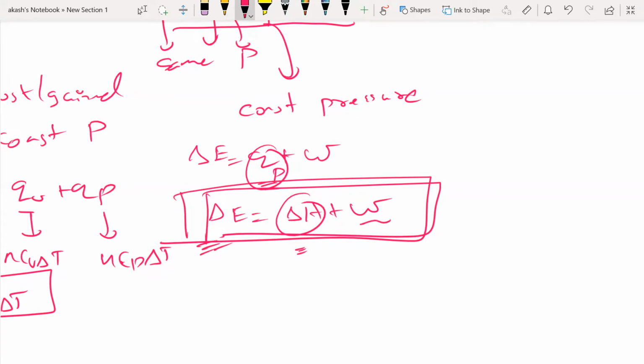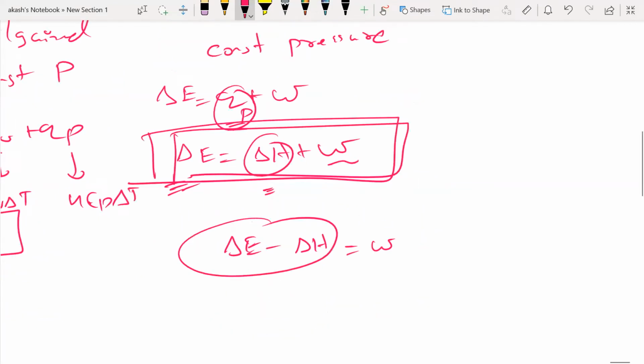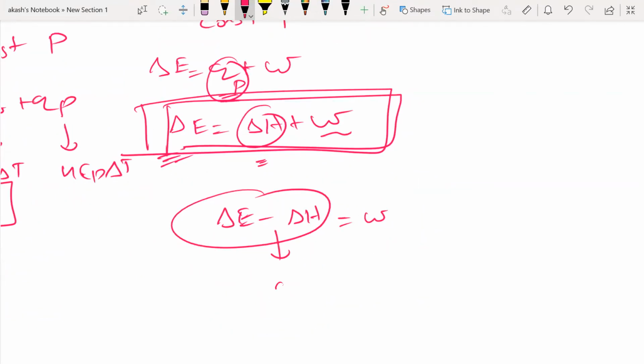When we talk about the difference between delta E and delta H, one is heat loss at constant volume, another is heat loss at constant pressure, so it is based on the work done. Please understand this difference is almost zero for liquids and solids.